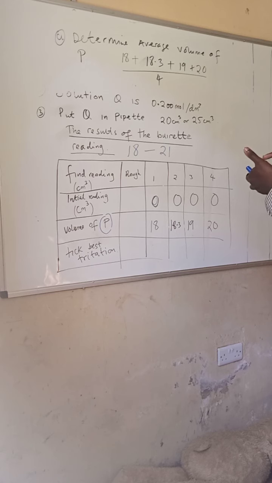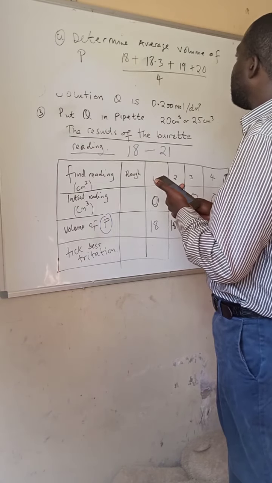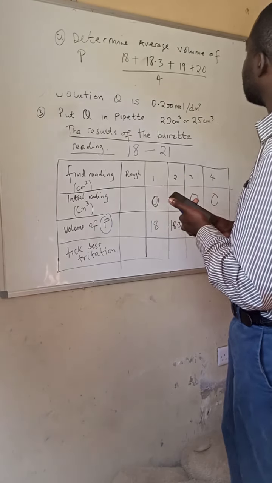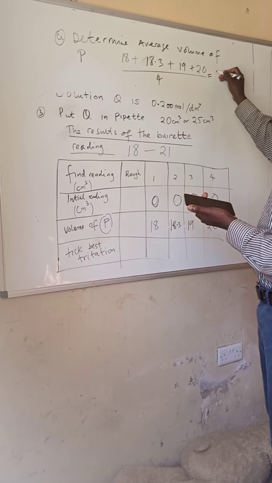75.3 divided by 4 is 18.8. So my titration here is 18.8. After doing this, the answer I get is 18.825.